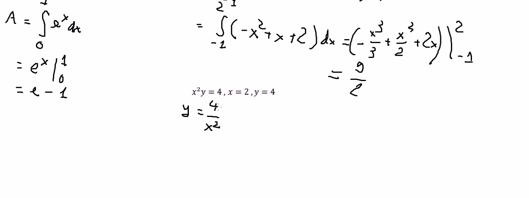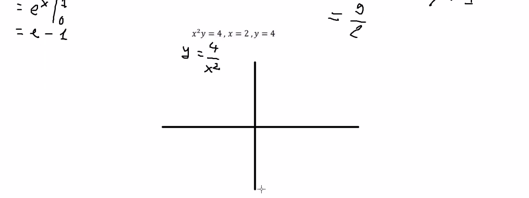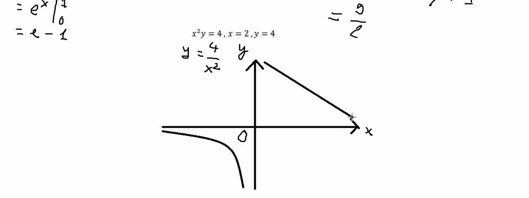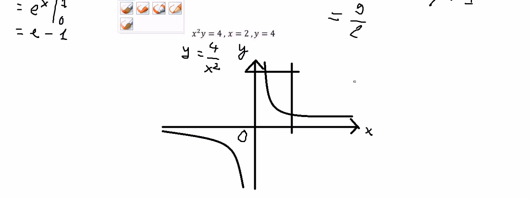So we need to graph the function. x equals 2, y equals 4, and we know that this is 2, this is 4.